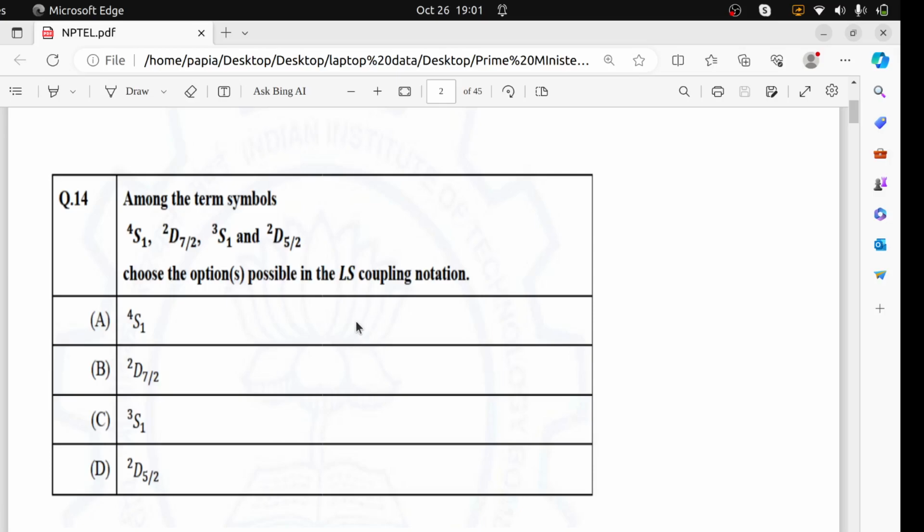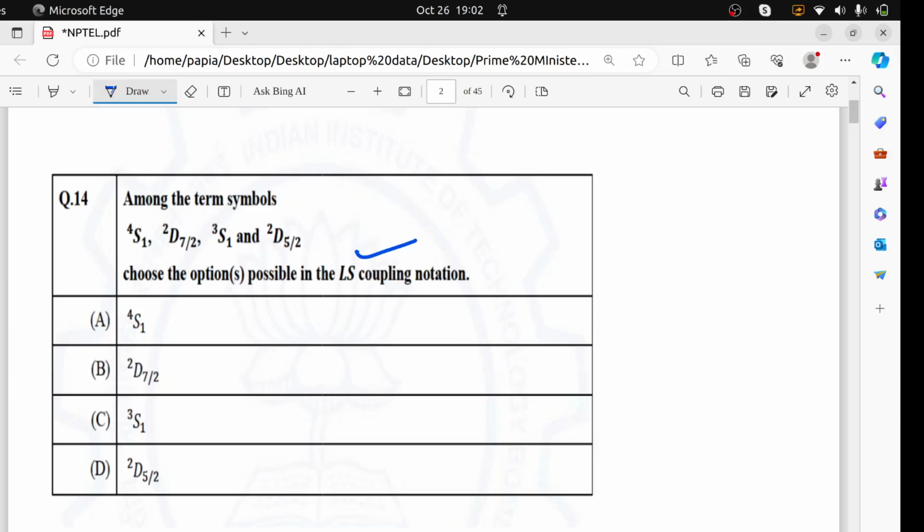There are 4 options, and they are asking which one gives the correct LS coupling notation.